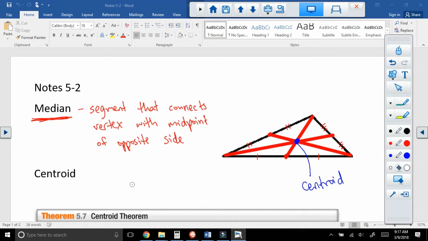It has a different name depending on what segments are intersecting there. So the centroid is the point of concurrency, or if you want to say where they all meet, for the medians.